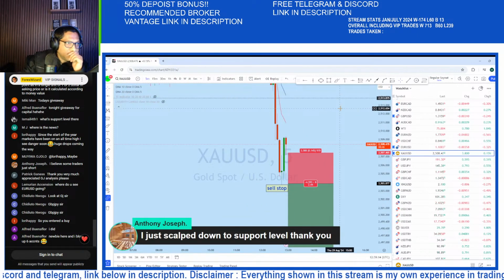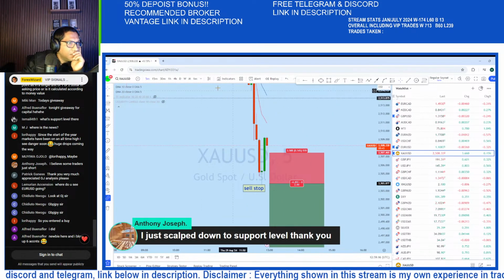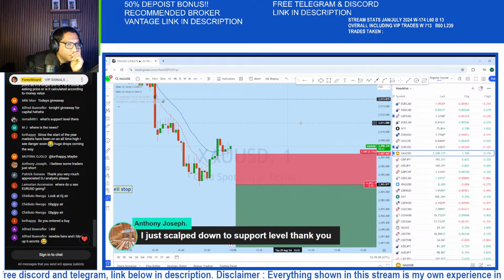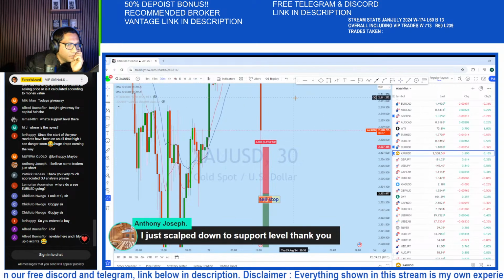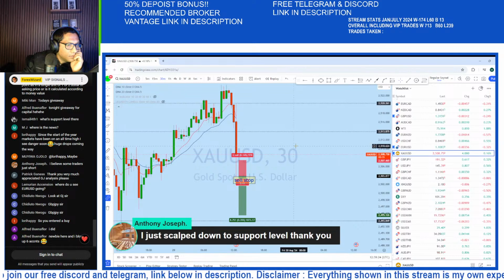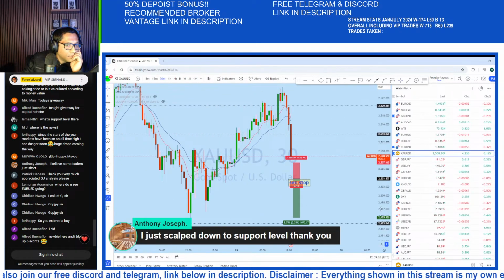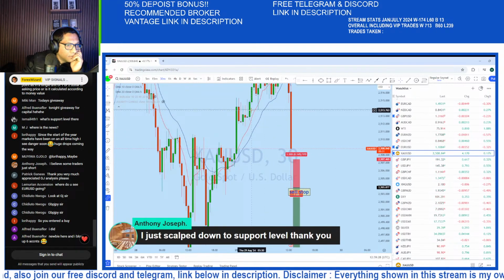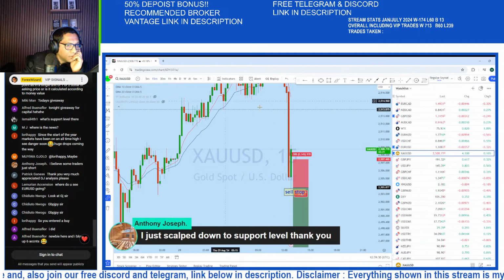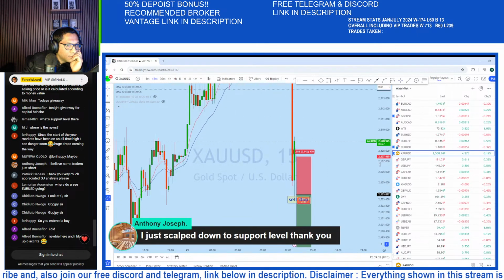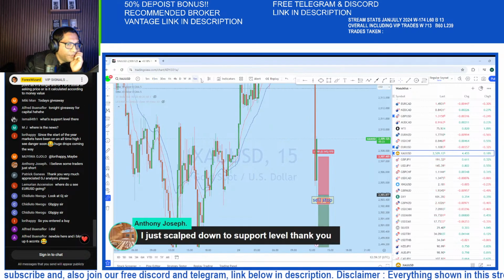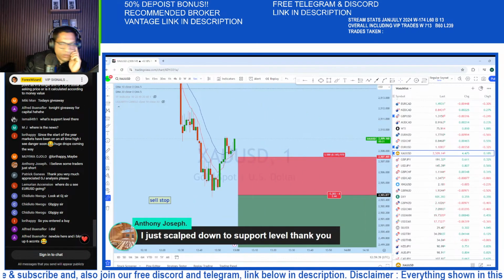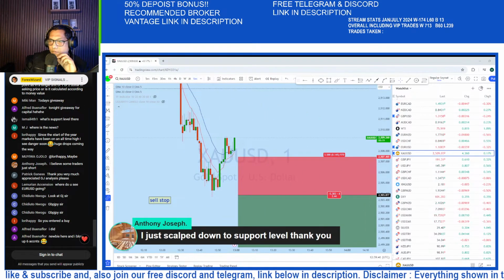So here what you can see on the lower time frame on gold, it has got a bounce, so we need to look at what we are going to do here.